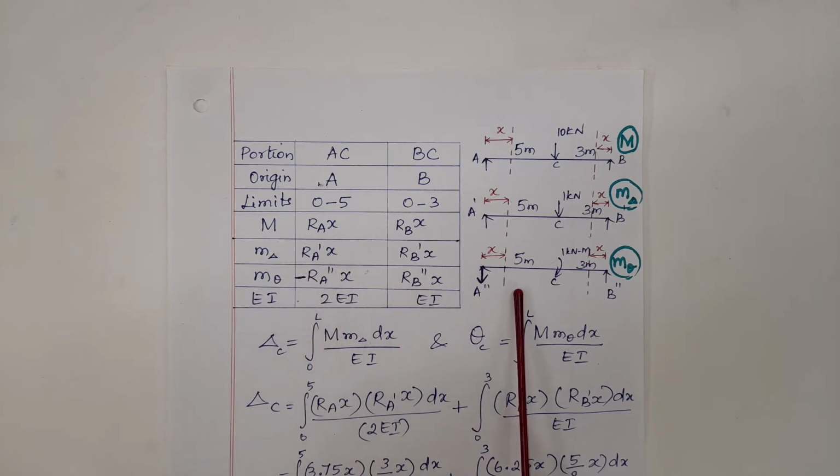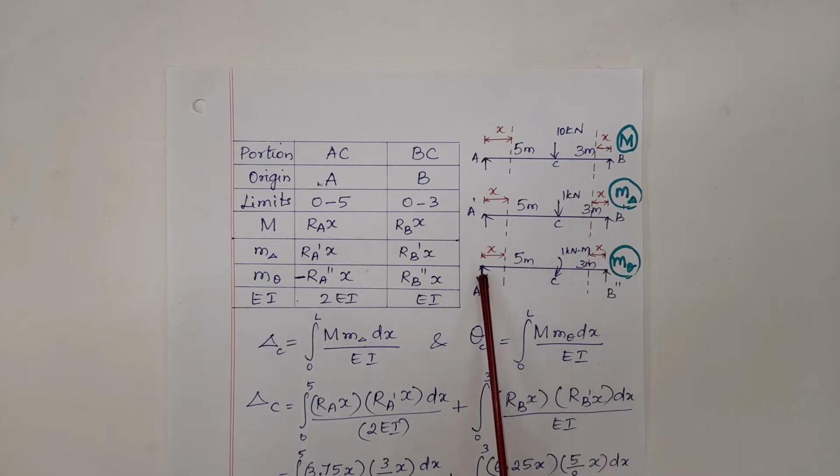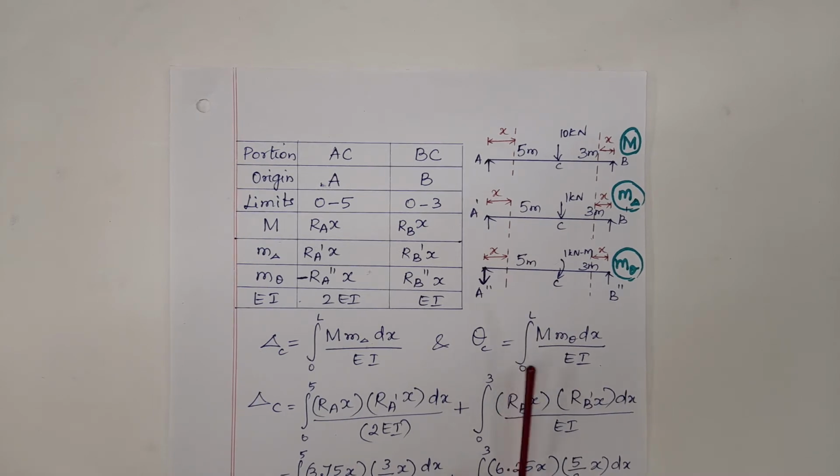Next, I go to the third diagram and write expressions. RA double dash comes down, RB double dash goes up. Since it comes down, when I take a moment about the section, this pushes the beam up. Just keep your hand and see. When it is taken towards the section, the beam is pushed up.